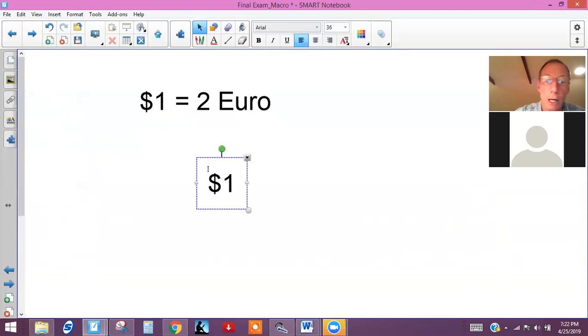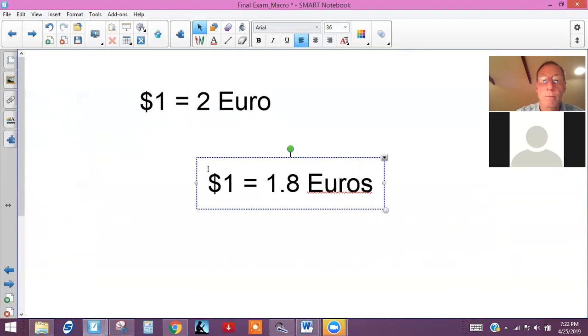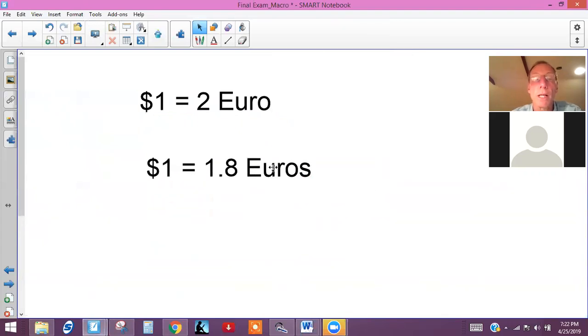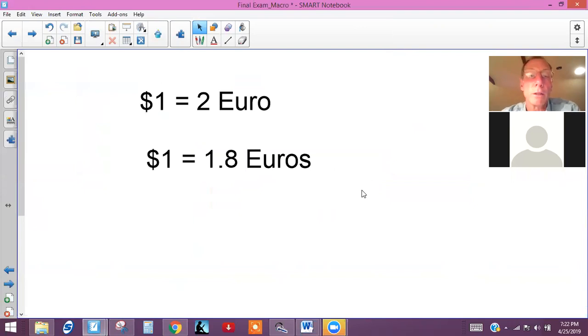Say that it changes to now $1 equals 1.8 euros. Right? Did the dollar appreciate relative to the euro, or did the dollar depreciate relative to the euro?